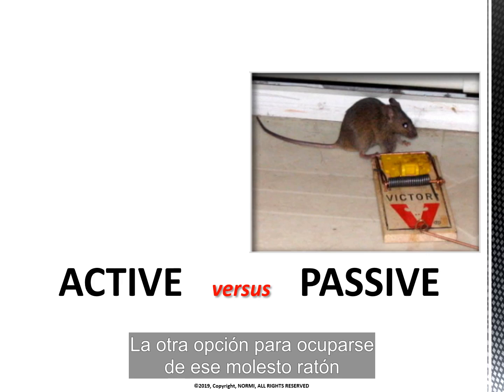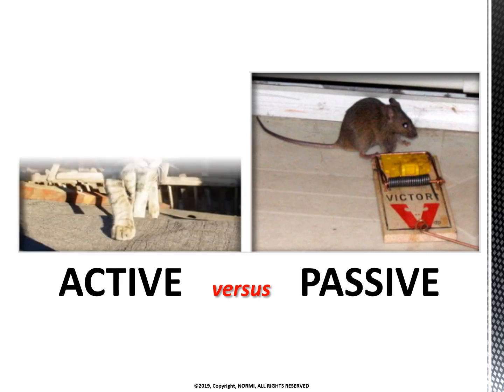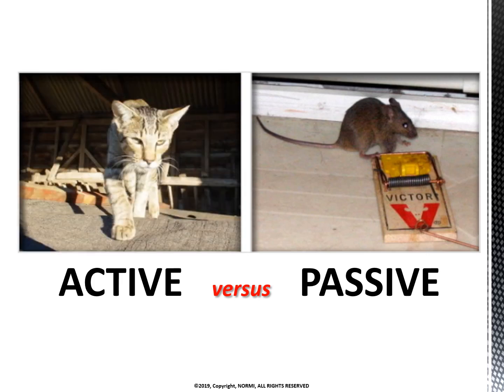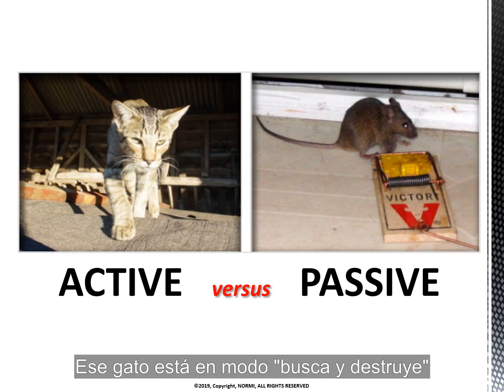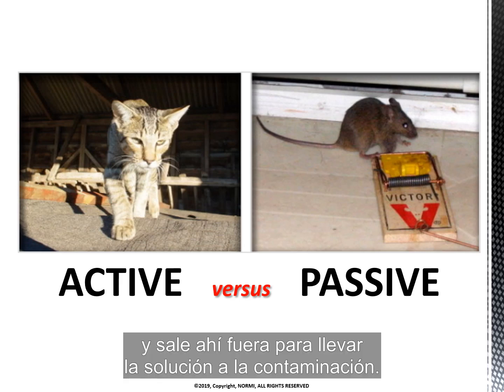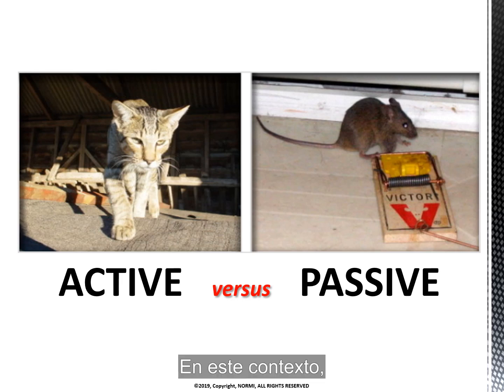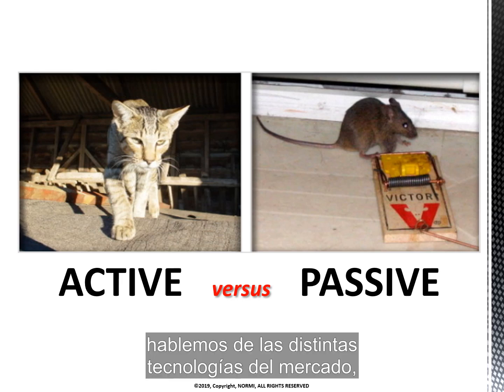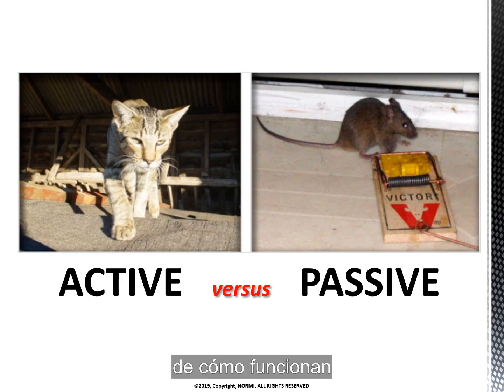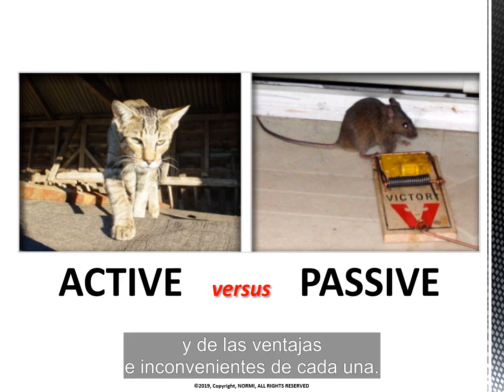The other option to take care of that pesky mouse would be to buy a cat. That cat is on seek and destroy mode, and she's going out there to take the solution to the pollution. That's a proactive approach to solving the problem. So in that context, let's talk about the different technologies in the marketplace and talk about each, how they work, and the advantages or disadvantages of each.